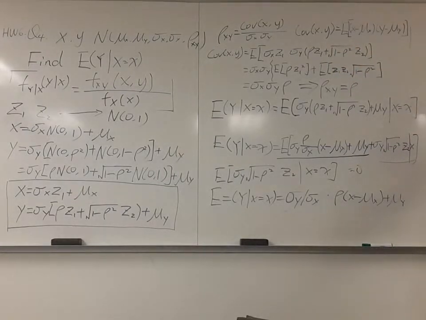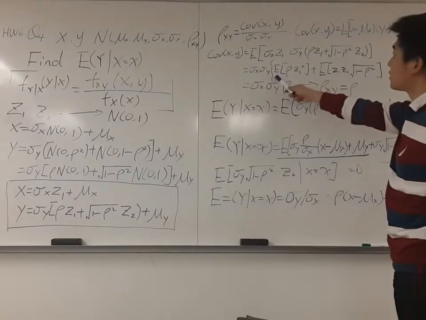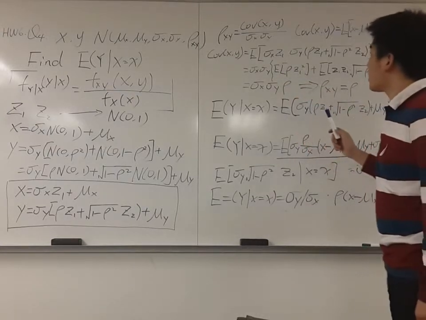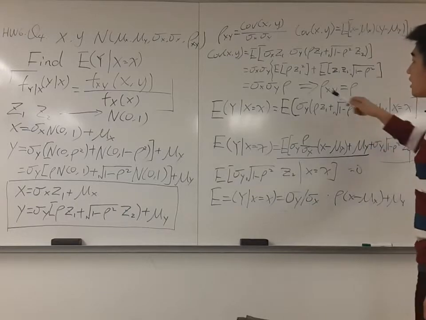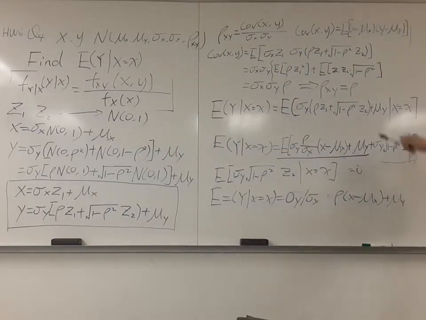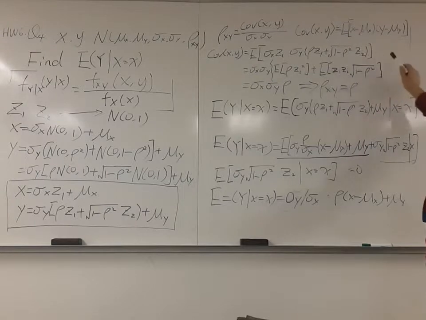Here is one thing we should know: E[Z1 squared] should be 1, because it's the variance here. And just because Z1 and Z2 are independent, E[Z1 Z2] here should be 0.